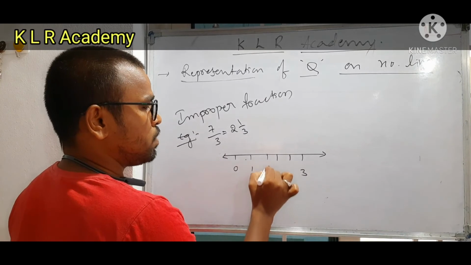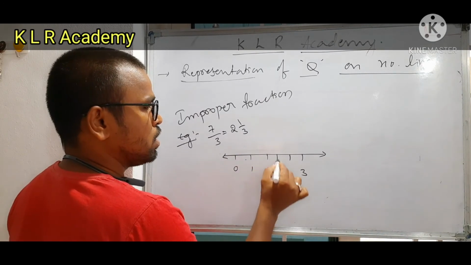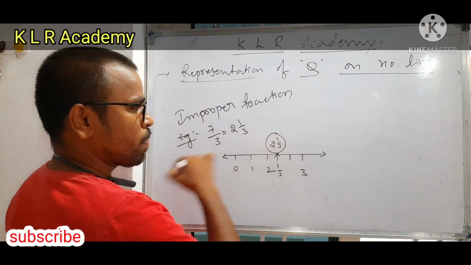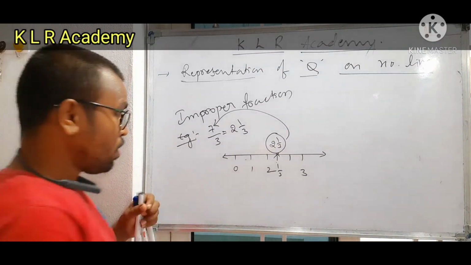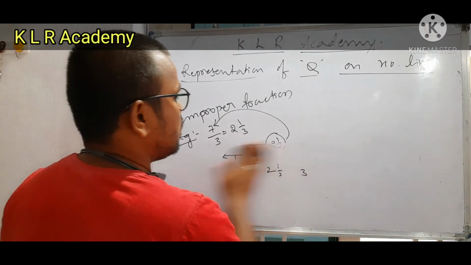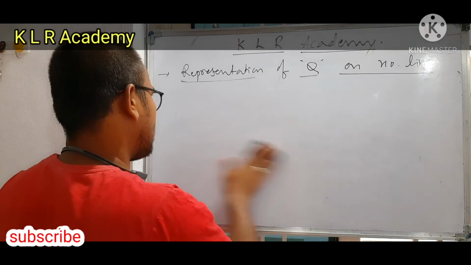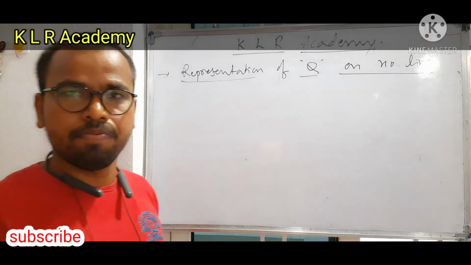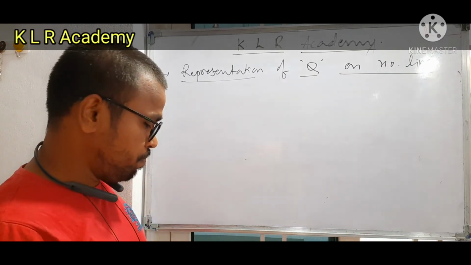After 2, this is 1 by 3. So this value is 2 and 1 by 3, or 7 by 3. Clear? This is the way of representing rational numbers on the number line. More examples we will discuss in the exercise problems. Next we move on to the next concept.